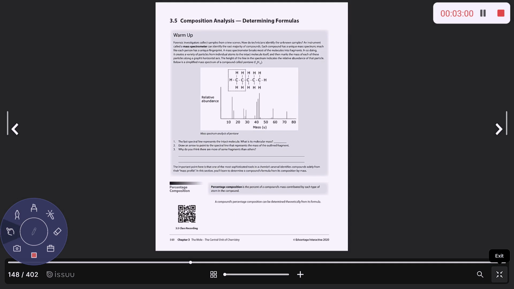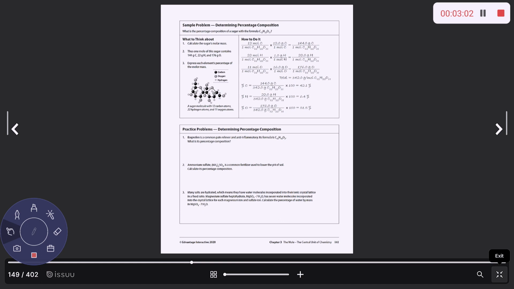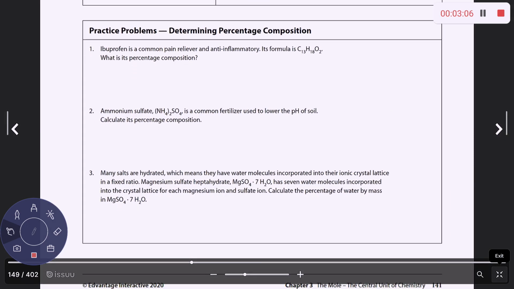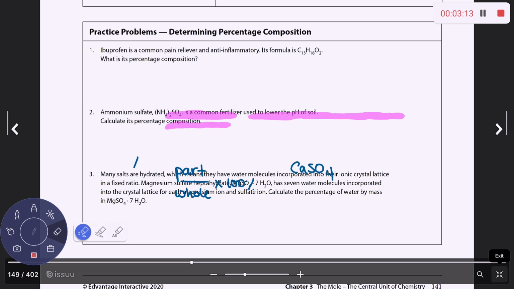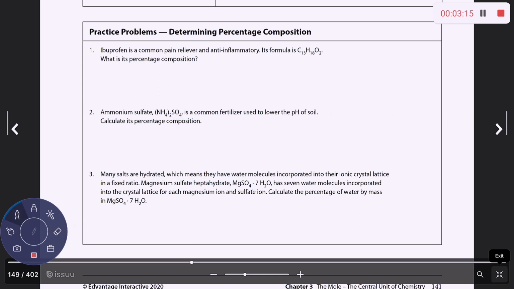Your book tends to give a little more information than they need to when calculating percent composition. So I'm going to skip the sample problem and jump straight to the practice problems. Okay, so let's take a look at number 2, and then we will do number 3 as well. Number 2 says you've got ammonium sulfate, a common fertilizer used to lower the pH of soil. And then they want you to calculate the percent composition.